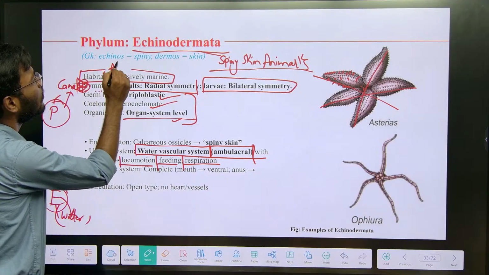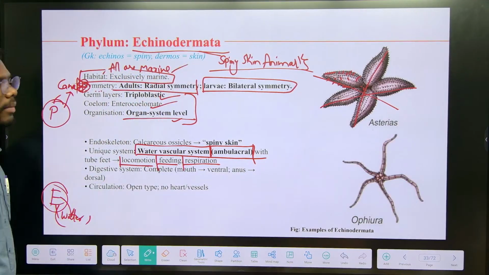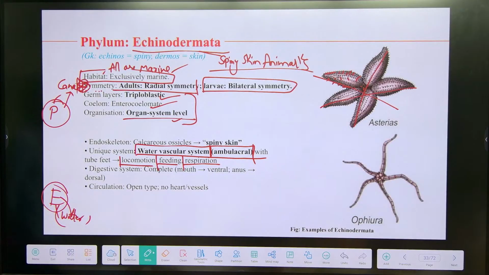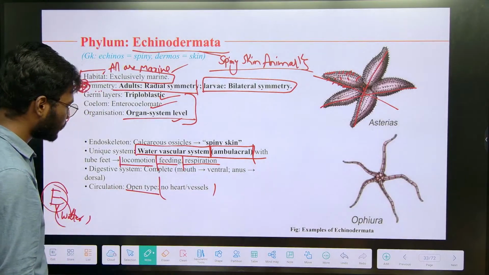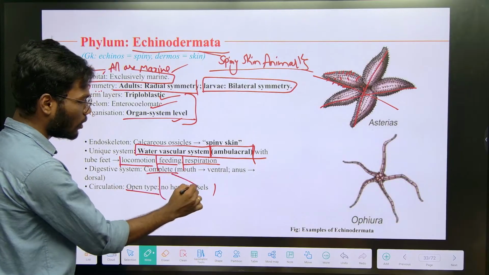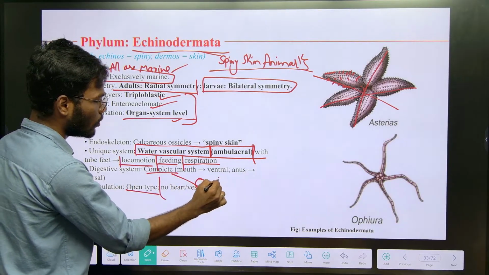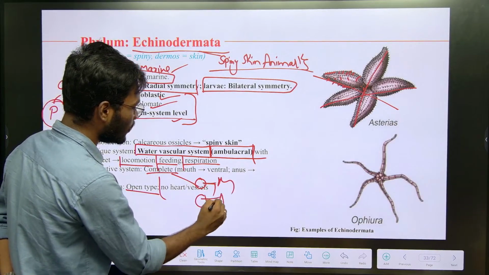All are marine individuals, Echinodermata. Right? Is there anything else? Circulation is open type. There is no heart and vessels. Digestive system is complete. Complete means what? Two openings: one for mouth, one for anus.